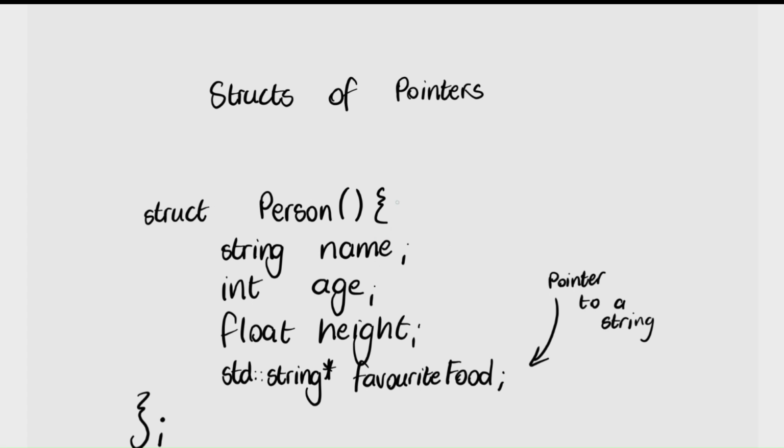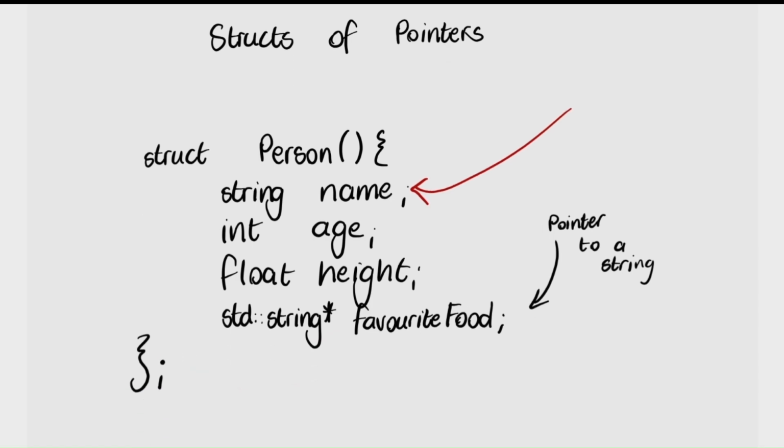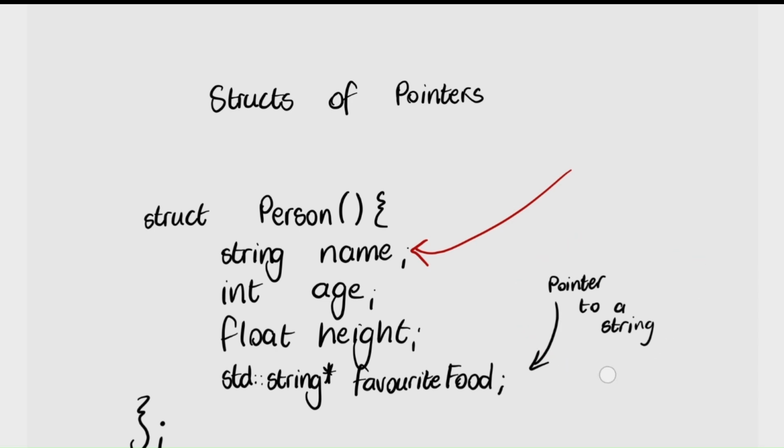We declare it in the same way as attribute number one: the type, the name, and then here we have std::string star favorite food. We're just adding the person's favorite food. It's a pointer to a string.